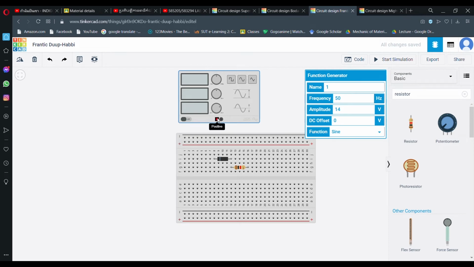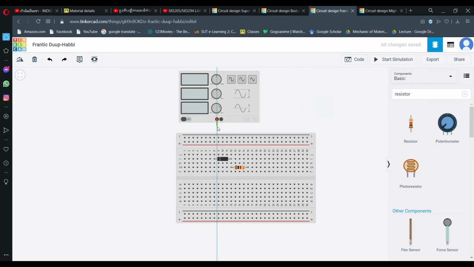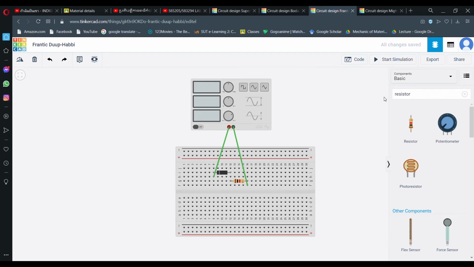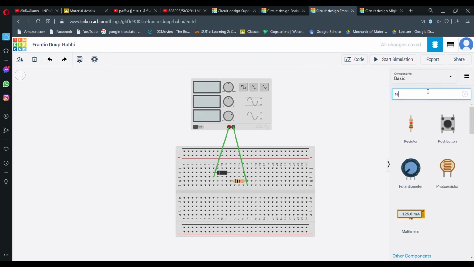So let's apply it to the circuit. For the measurement, I'm going to use an oscilloscope.